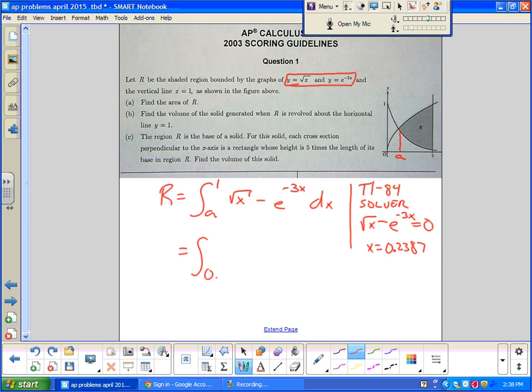Awesome. We reset it. So now we go from 0.2387 to 1. I thought it was really easy. And if I do this, did you guys get 4.4426? Yeah.